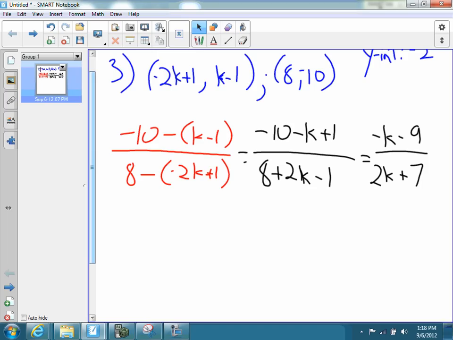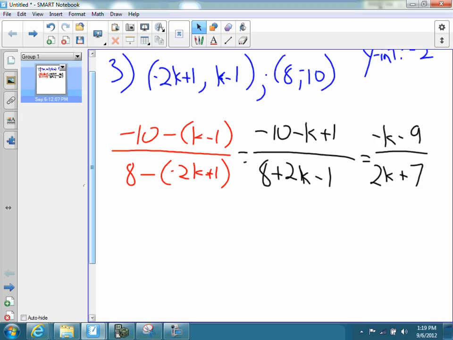So I have my slope, and I have to find what k is equal to. I know k is in my slope. What should I do next? Go ahead, Cameron.